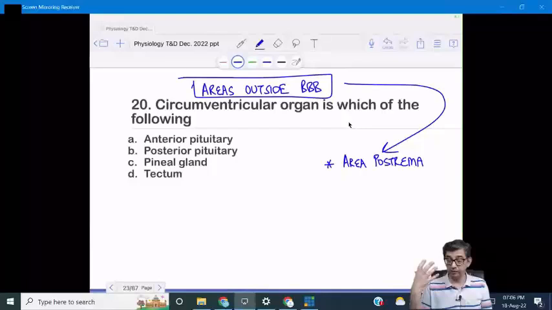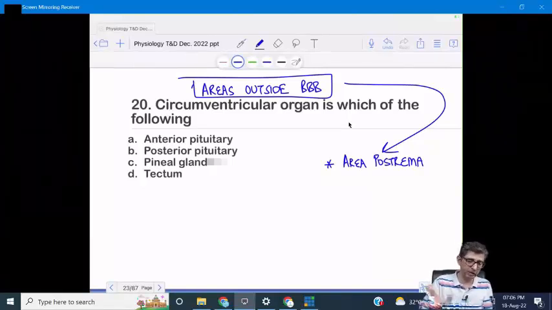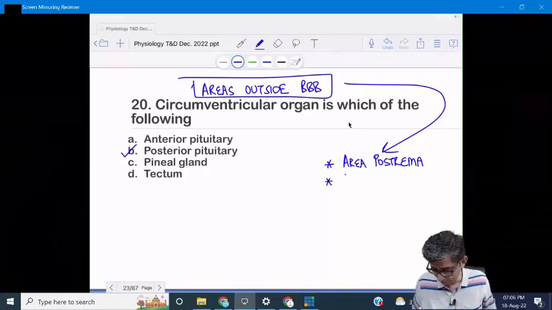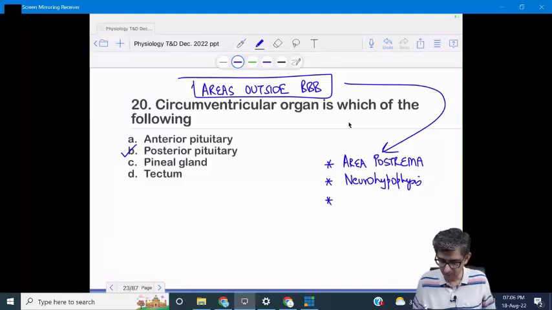So I think I've given the answer, and I think you guys have answered that also. When I was saying water intake would be related to vasopressin, the correct answer for this one would be option beta, posterior pituitary. Posterior pituitary would be called neurohypophysis. Then there is the subfornical organ.